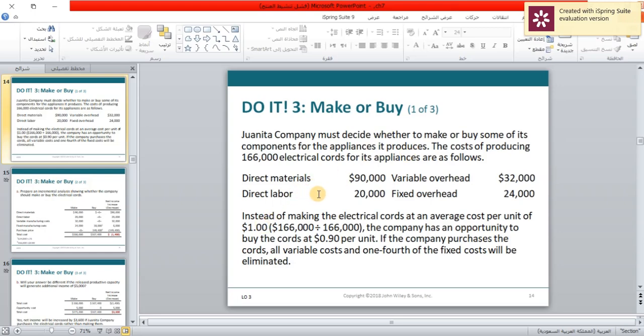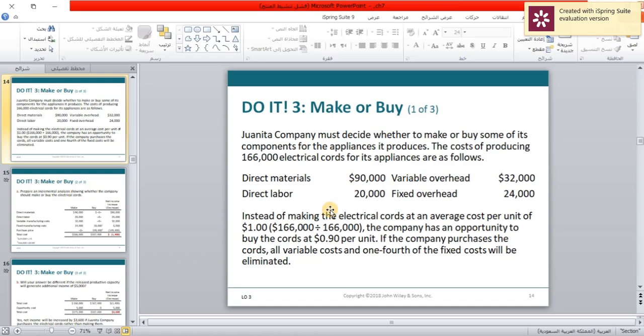The costs are 90,000, 20,000, 32,000 plus 24,000.